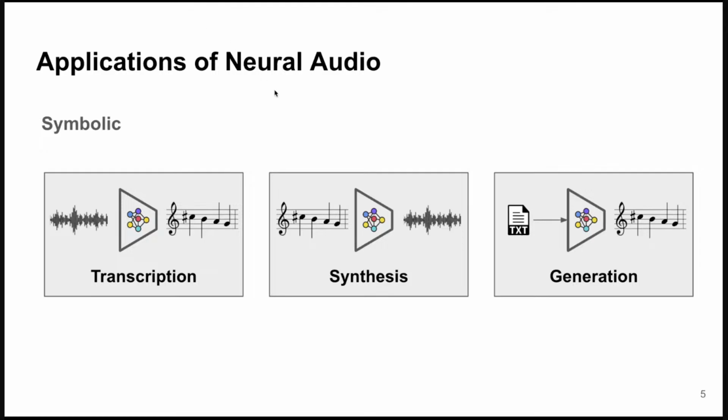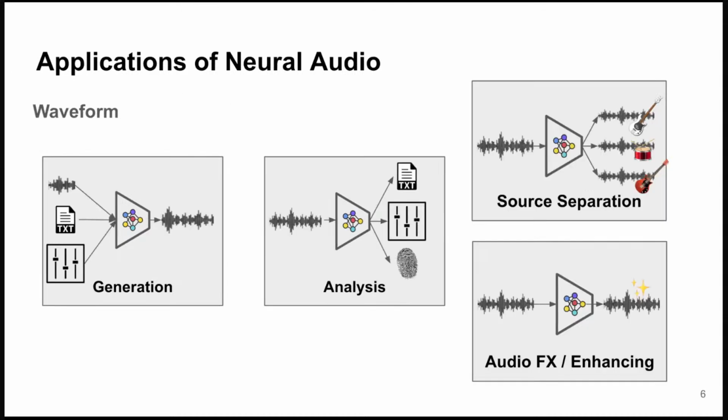Besides symbolic music, we also have the waveform, which is a little bit closer to what we are working on. Waveform also admits lots of different processes for generation, for analysis, for source separation. We can have a generator that takes a waveform as a reference and outputs a different waveform for an automatic accompaniment, or it can be a text file.